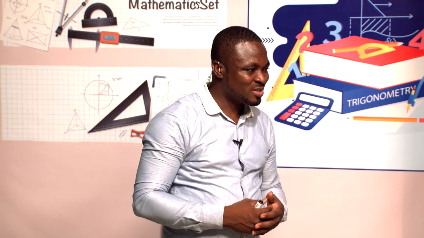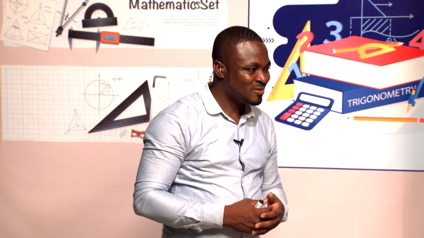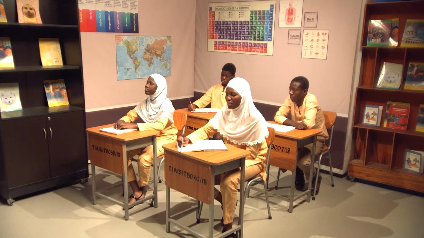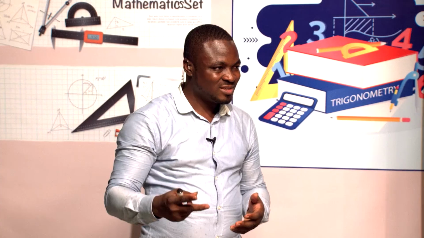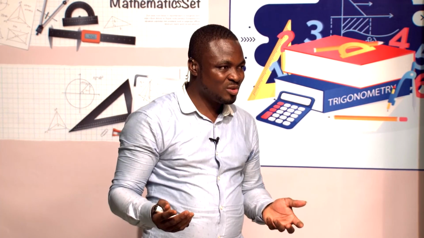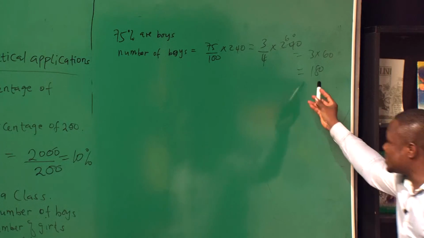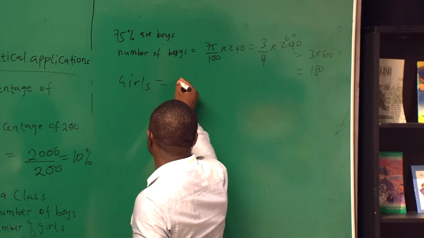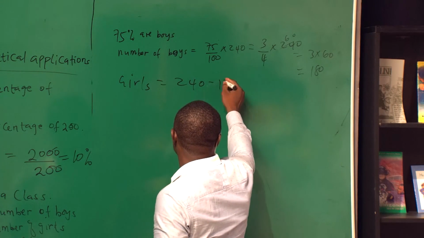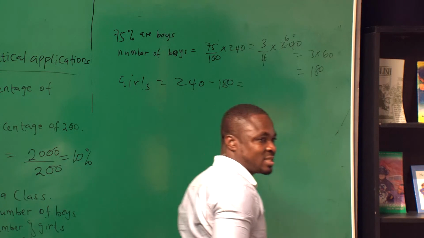How do I find the boys? It will be 4 minus 2. Isn't that it? Yes. 2 are girls. I have a total of 4. 4 minus 2 will give me the number of boys. So if this is the number of boys, the girls should be the 240 minus what? 180.